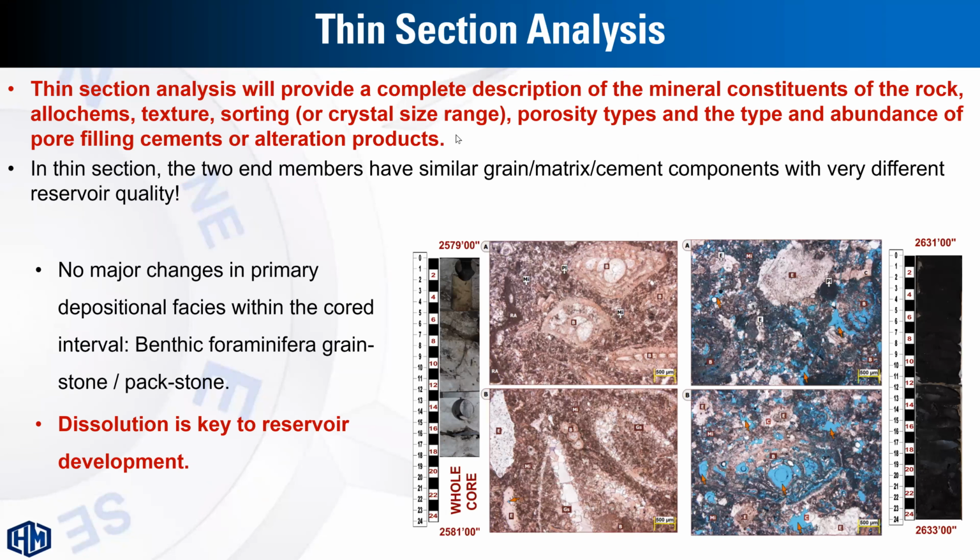Also, thin section provides a description and the mineral composition of the rock, texture analysis, type of porosity, the cementing material, and so on. In these samples, the dissolution, as you can see, is a key element for the improvement of reservoir quality.